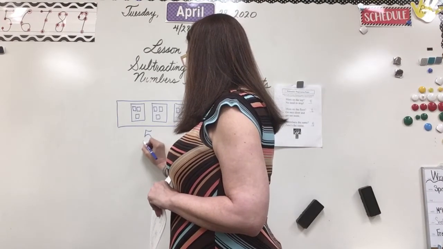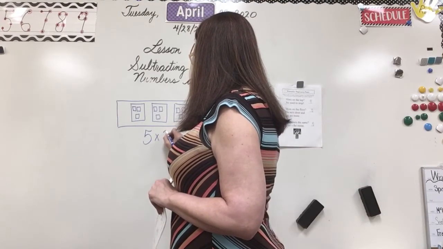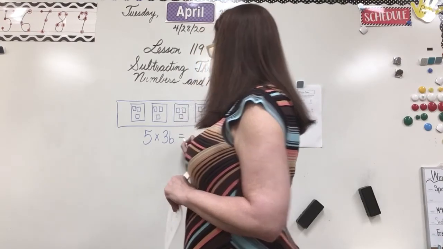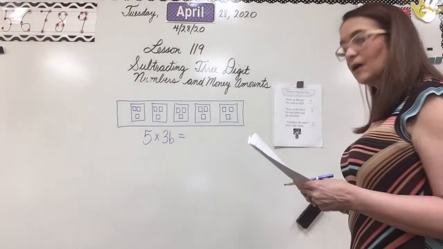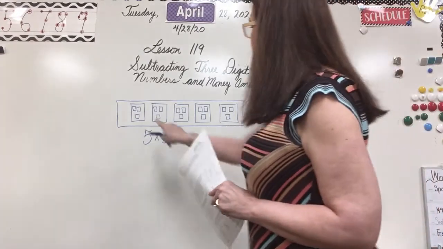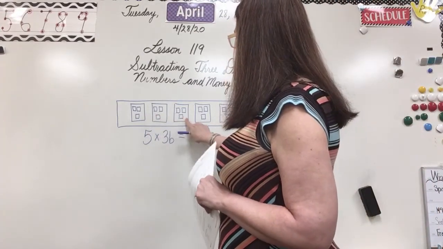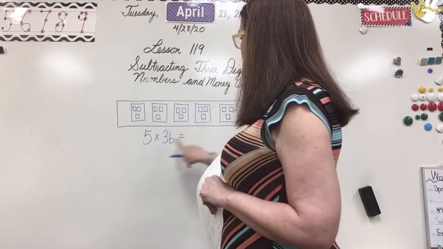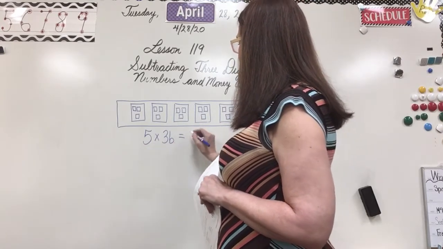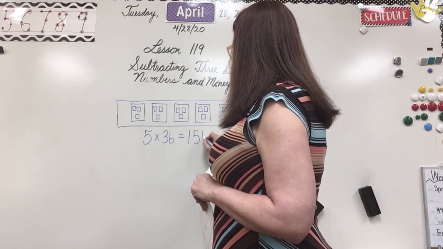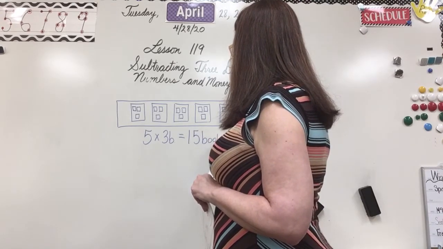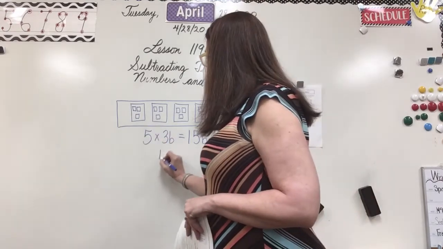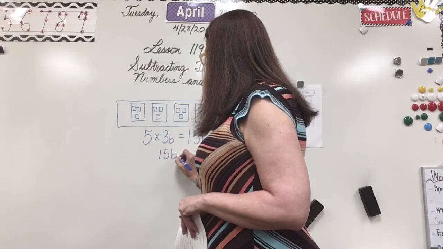Yes, 5 desks with 3 books on top of each equals, now let's sing our little 3 song. 3, 6, 9, 12, 15. Good job. 5 times 3, there are 15 books that she put out. And so your total answer, you just write again, 15 books.